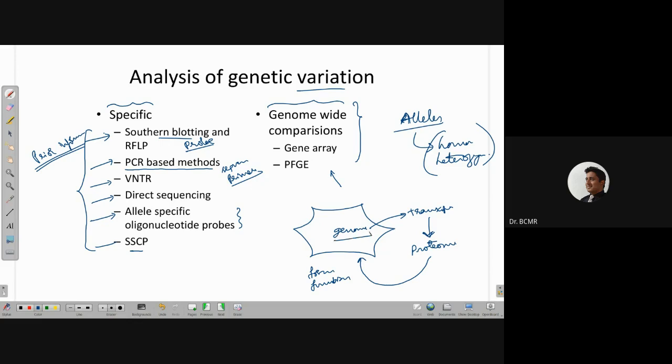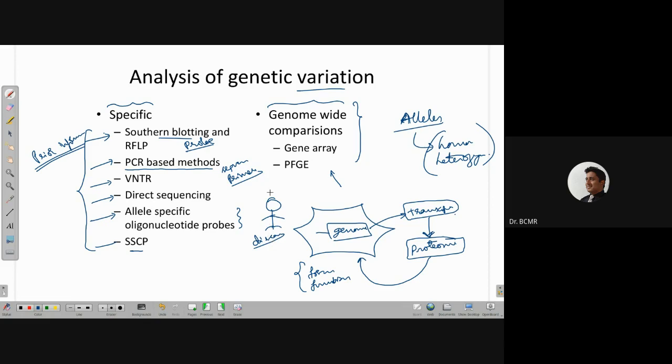So if there is a variation in the genome, it might reflect in the transcription. It might also reflect in the proteins that are produced, and that is what is reflecting in either loss or alteration in the form and function, which as a part of the body may cause the disease.